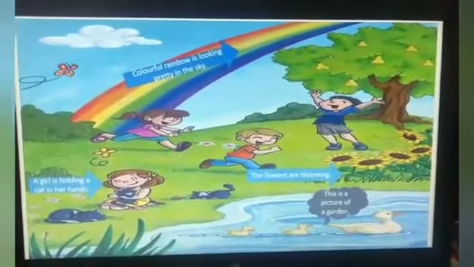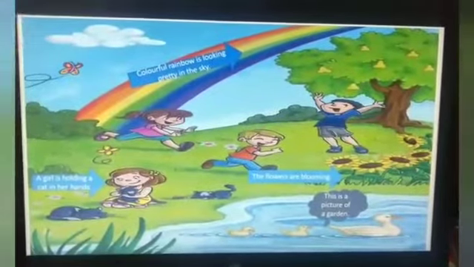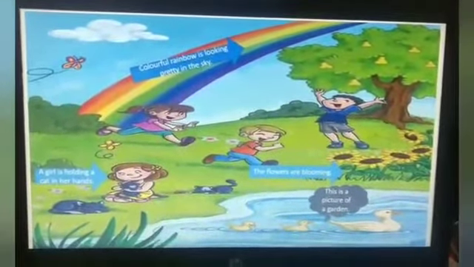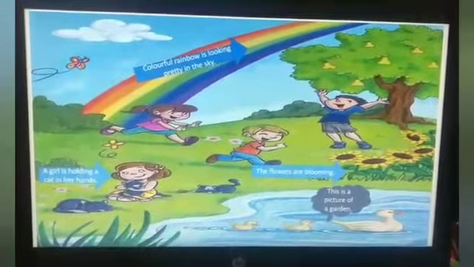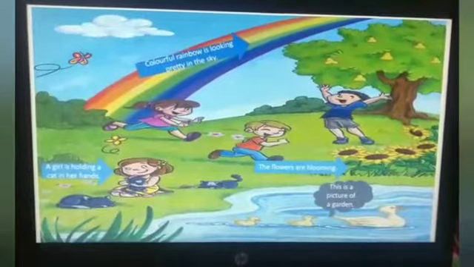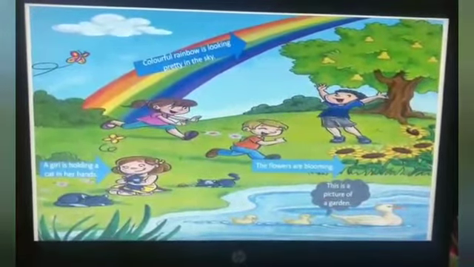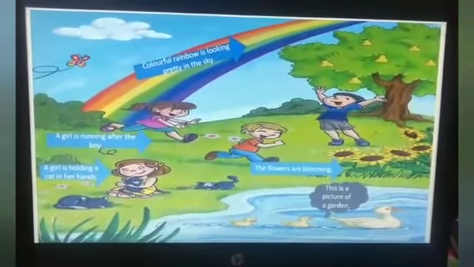Remember students, whenever we are framing the sentence, we have to use helping verb is, am or are plus ing word. Here I have written a girl is holding a cat in her hands. Next will be a girl is running after the boy.